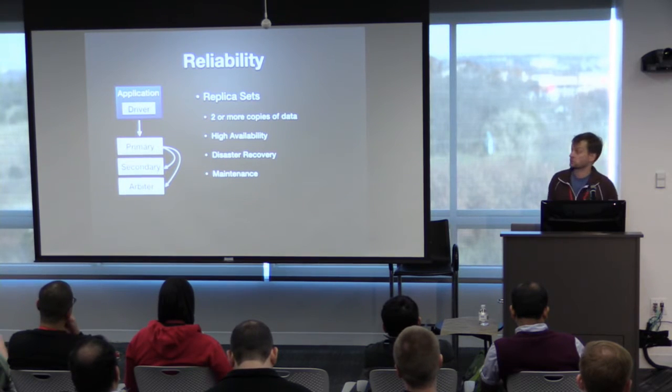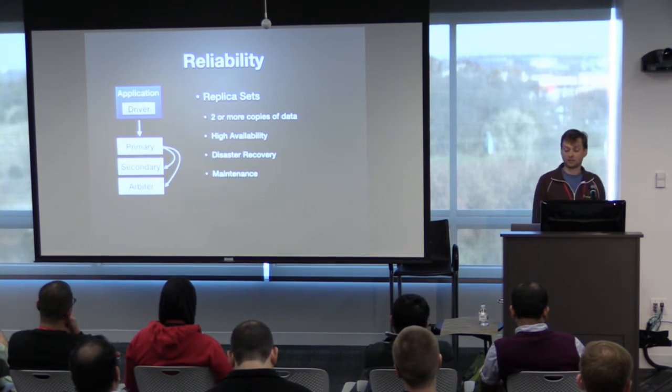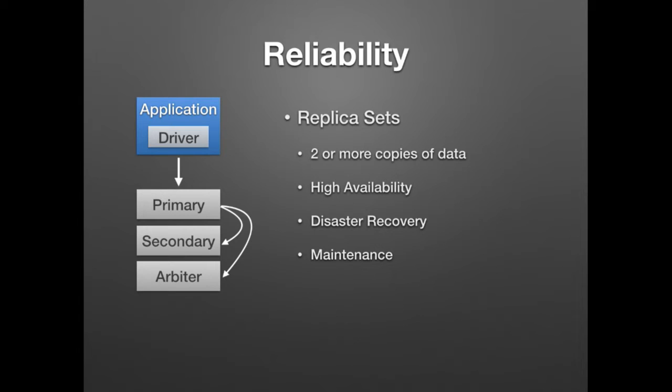From a high availability perspective, we provide replication through what we call replica sets. A replica set is a pretty basic concept where you're going to have 2 or more copies of your data. For the most part, we typically recommend that you have at least 3 members, at least 3 copies of your data for replication.